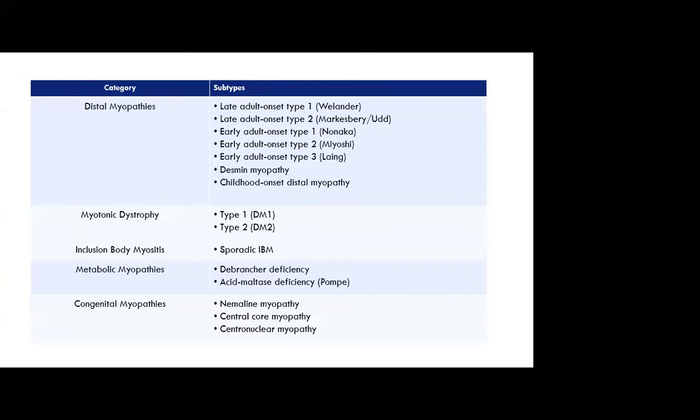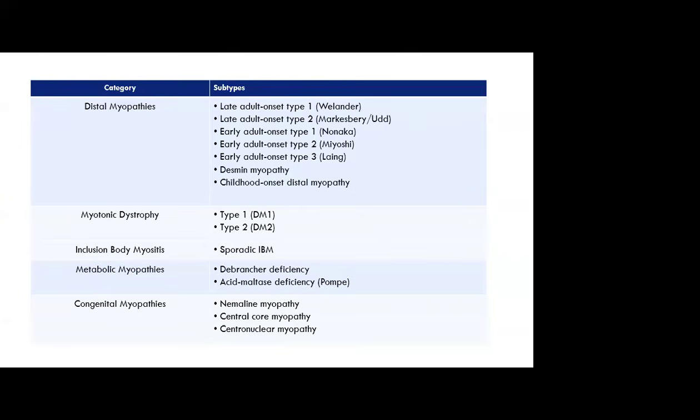The causes of the pattern of distal weakness are the distal myopathies. We have late onset type 1, that is Welander. Late adult onset type 2 is Markesbery or Udd, and early adult onset Nonaka, Miyoshi, Laing, and Desmin myopathy.